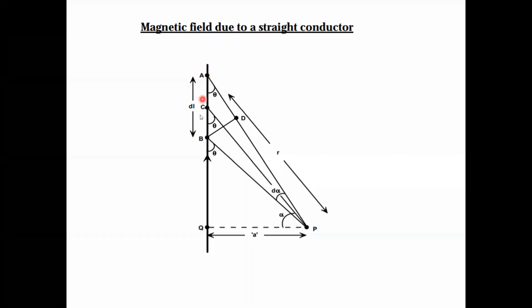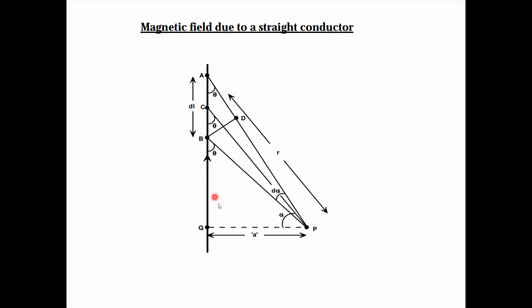So here is the straight current carrying conductor. Through this conductor, a current I is passed.